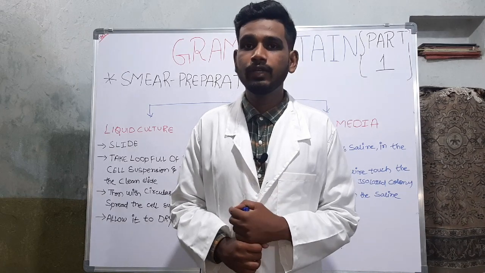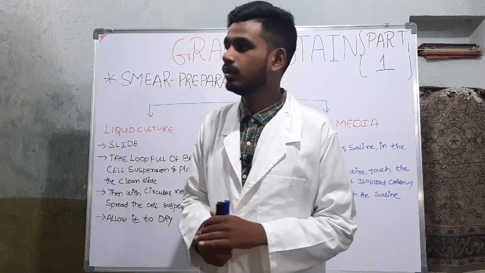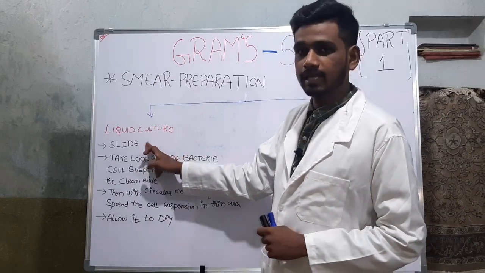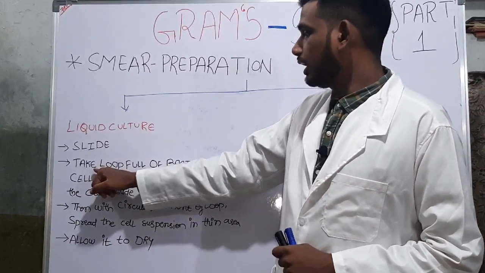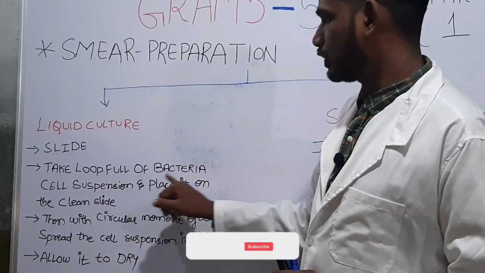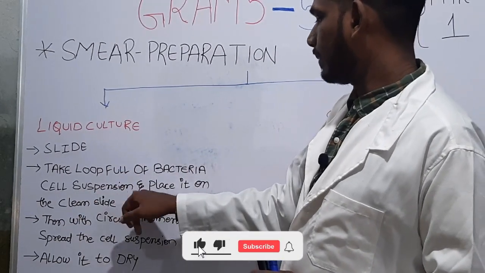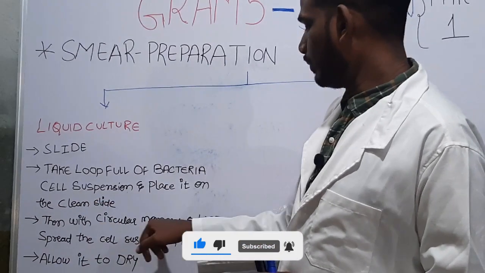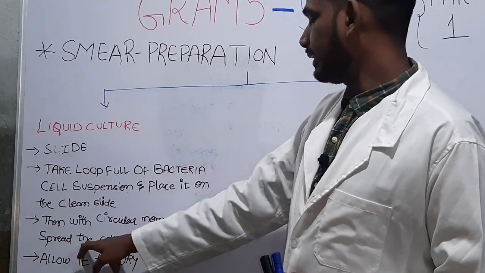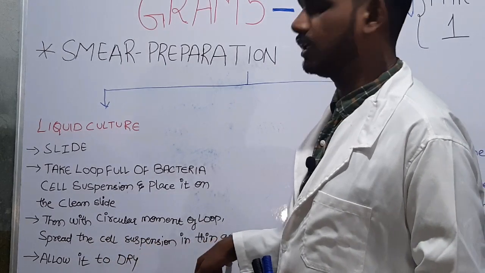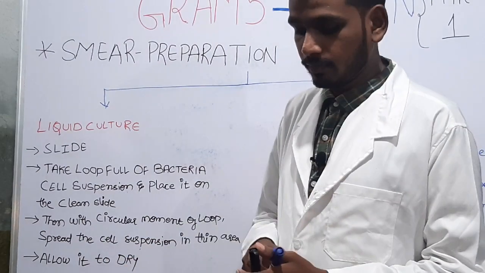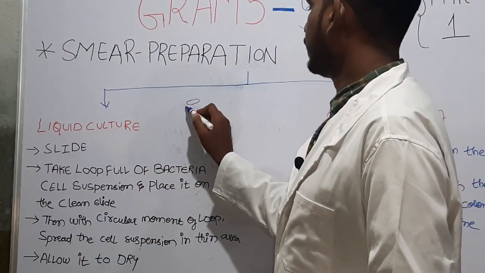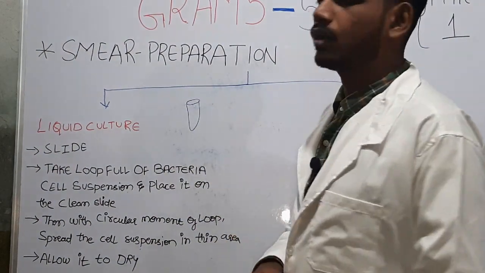In the liquid culture broth, to make the smear, first take a loop full of bacterial cell suspension and place it on a clean slide. Then with a circular movement of the loop, spread the cell suspension in a thin area. Allow it to dry.